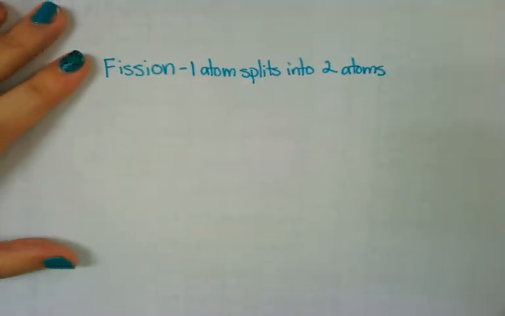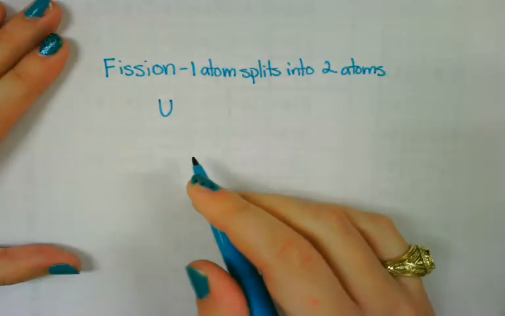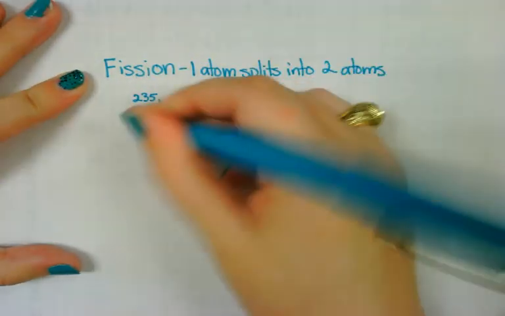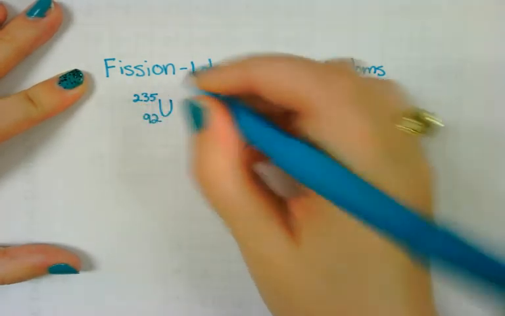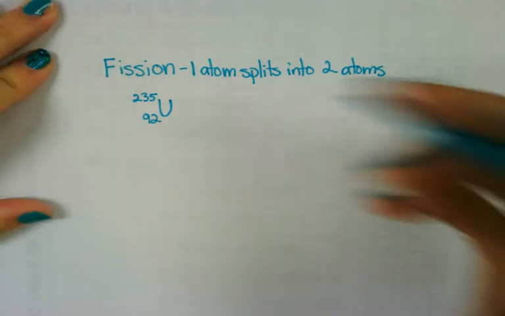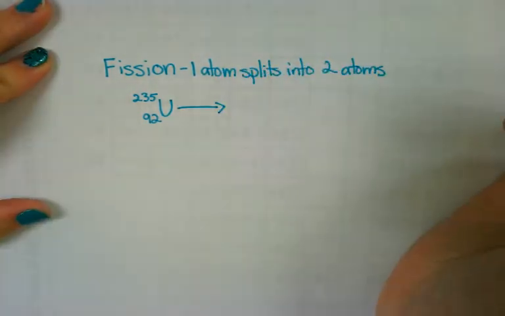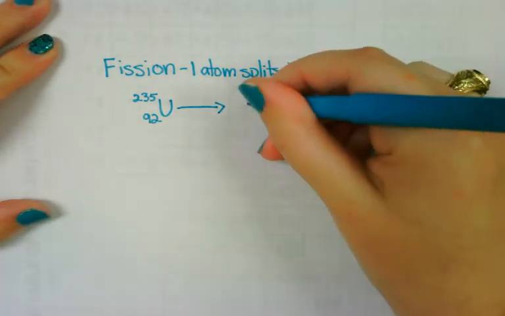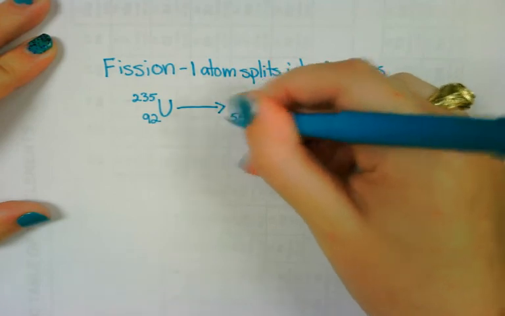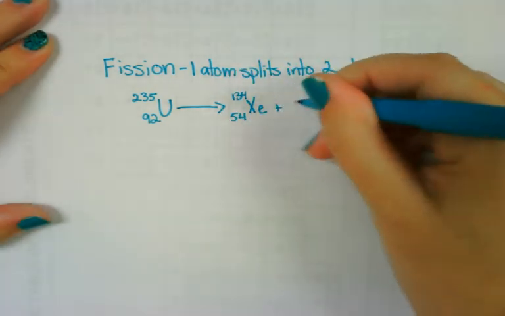A reaction you might see will often be with uranium. So we'll have uranium-235 and 92, right? We'll draw our arrow, and it's going to be split into xenon and strontium.